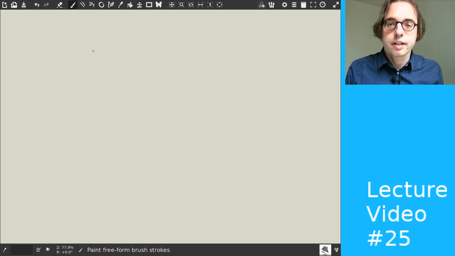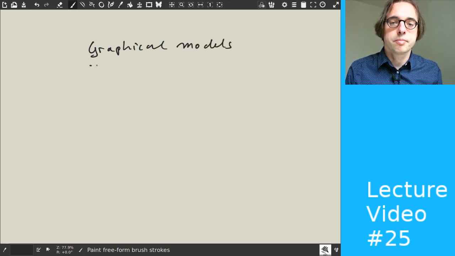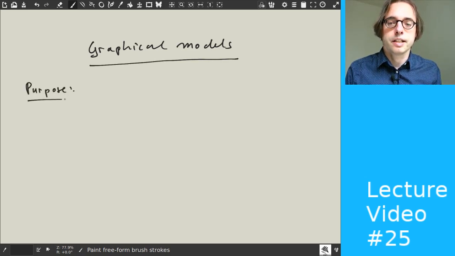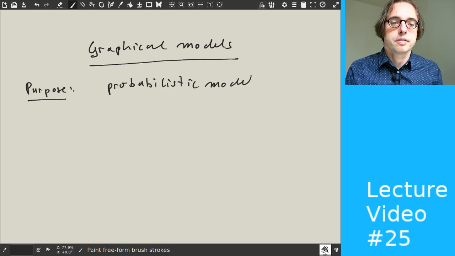So graphical models, basically, the purpose of graphical models is to provide a probabilistic model to describe dependencies among variables, the dependency structure.